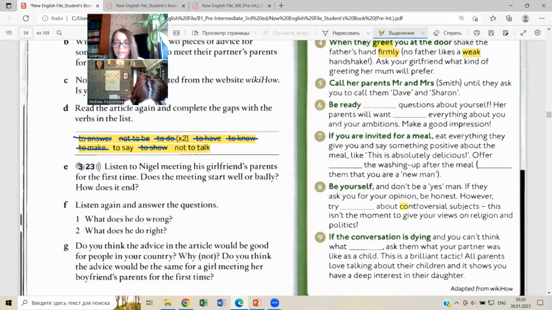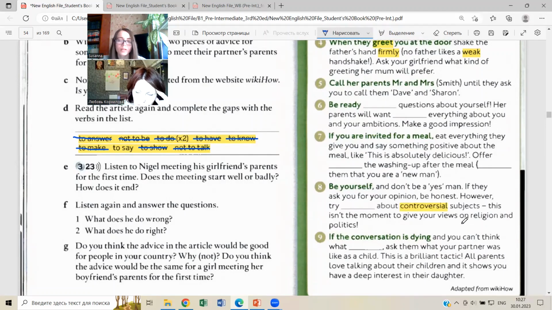Yes, about controversial. Компрометирующие? Нет? Спорные. Yeah, so subjects that can cause argument.